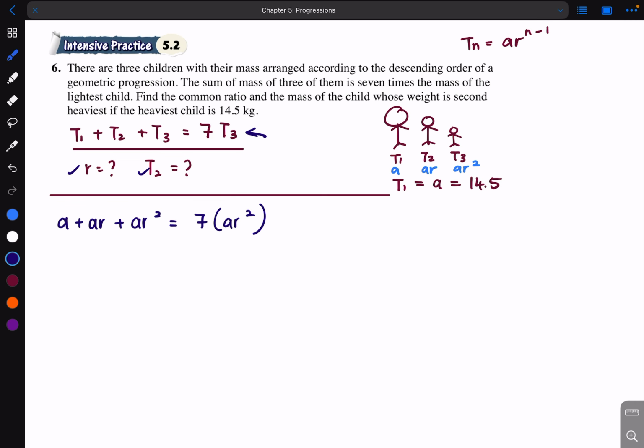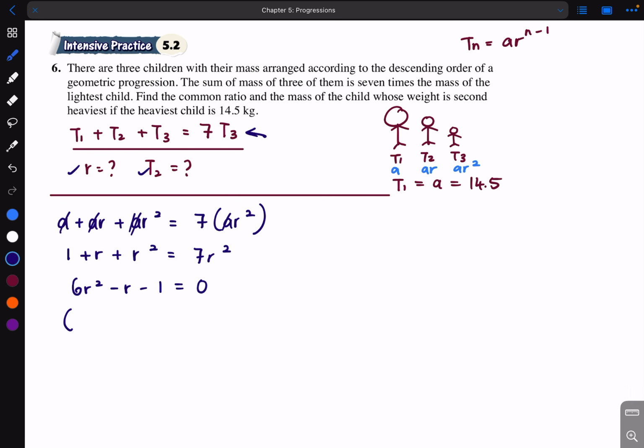Actually you don't have to know the value of A. Since all terms have A, we can cross out the A, so we divide the whole equation by A. We'll be left with 1 plus R plus R square is 7R square. Then we bring all of these to this side. So 7R square minus R square is 6R square, minus R, minus 1 is 0.